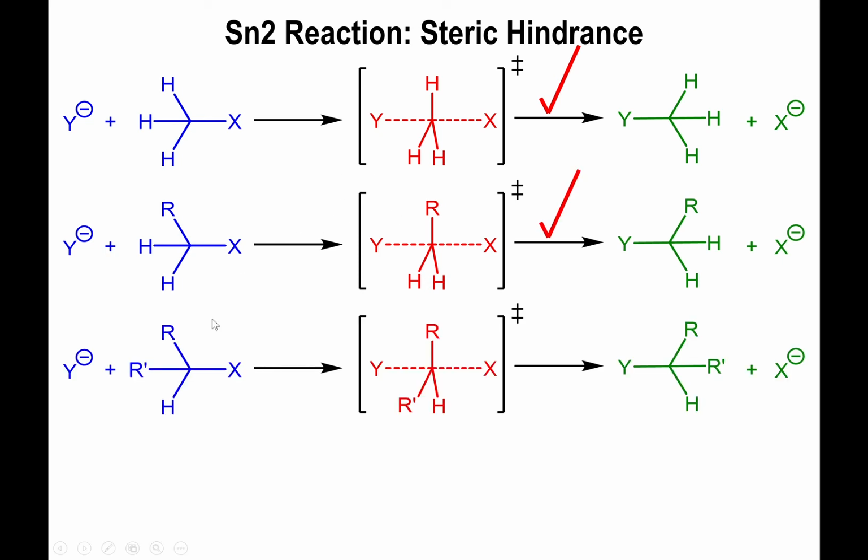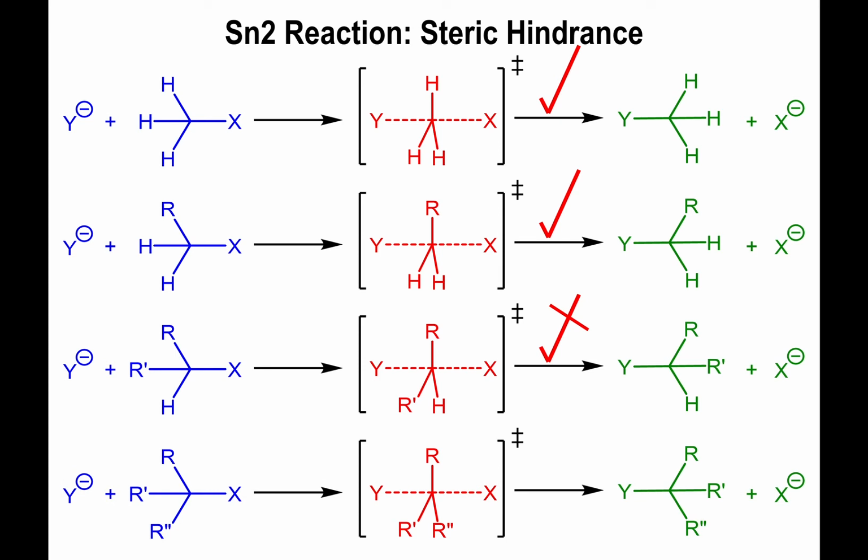But introduce a secondary carbon, and now here's where things get funky, because the process now has enough steric bulk around the electrophilic carbon that the nucleophile may have a hard time reaching onto the electrophilic carbon. Therefore, in some instances, you are going to get the reaction to go forward, and in other instances, the reaction will not go forward. And we're going to talk about the conditions that will dictate whether secondary alkyl halides or electrophilic substrates undergo Sn2 reactions with secondary electrophiles and when they don't.